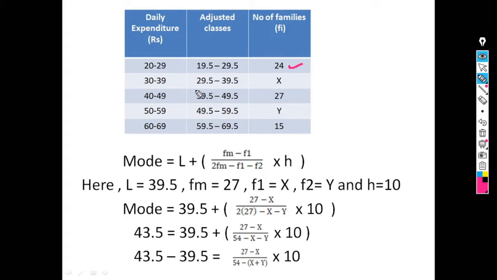The second class interval is 29.5 to 39.5, and now the classes are in continuous form, meaning the upper limit of the first class interval is the same as the lower limit of the second class interval. Its frequency is missing, so we assume it as x, and for 49.5 to 59.5 the missing frequency, let it be y.